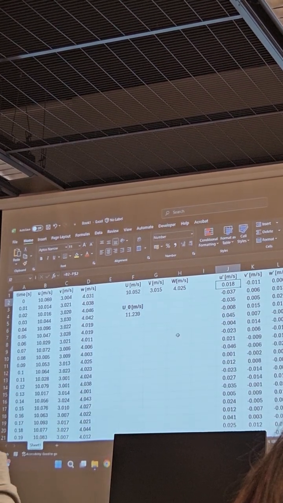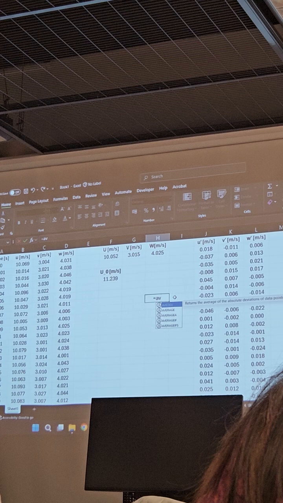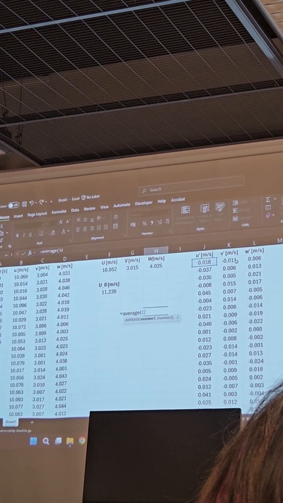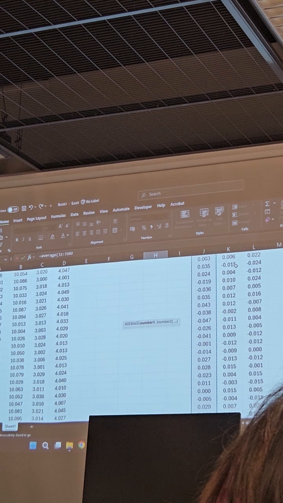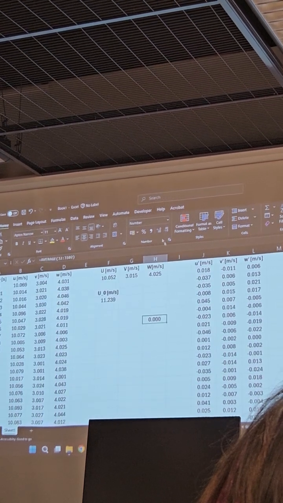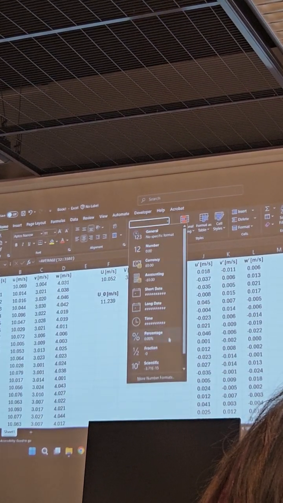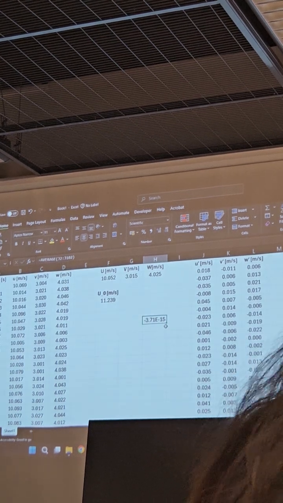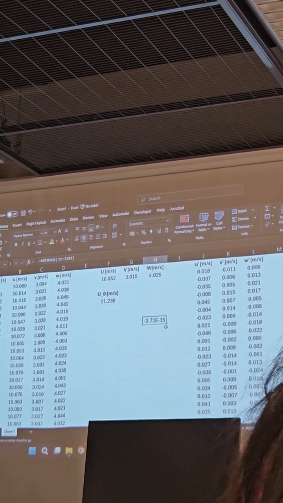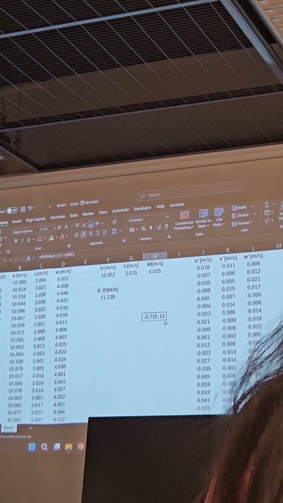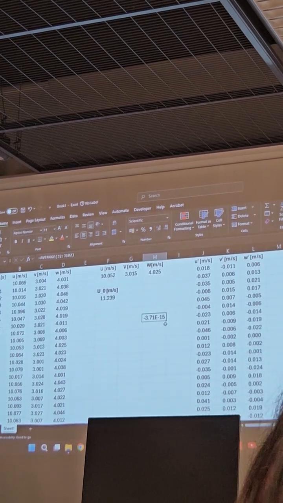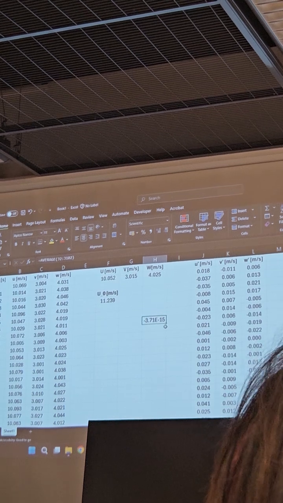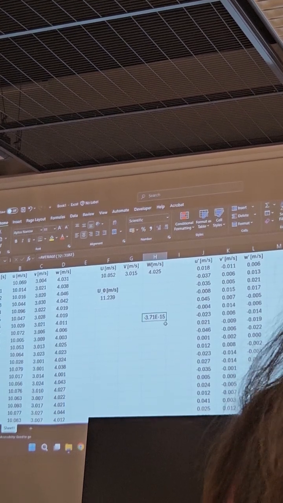For example, we calculate the average of the first column. Okay, so we can see that this value is on the order of 10 to the power of minus 15, which is basically 0. So that means that we calculated the turbulent fluctuation correctly, and also the measurements are valid.